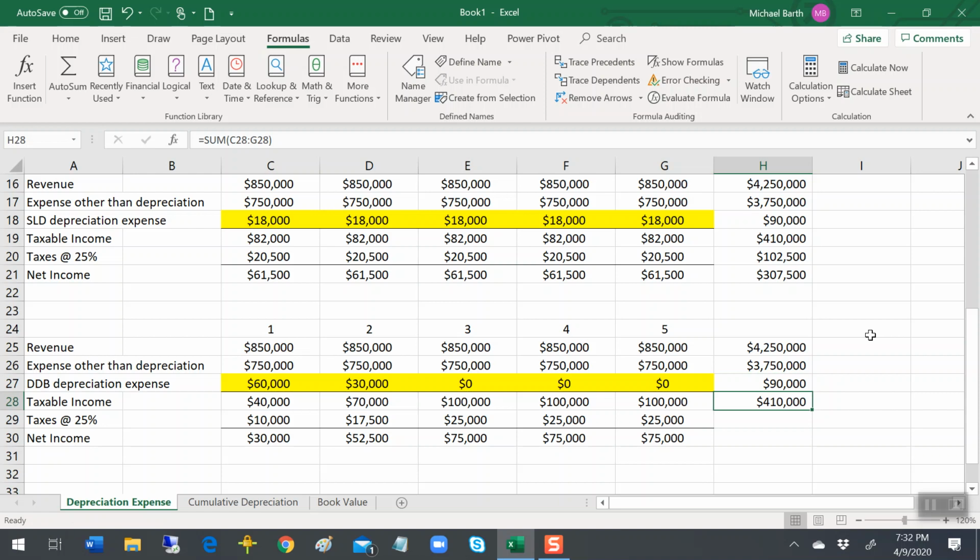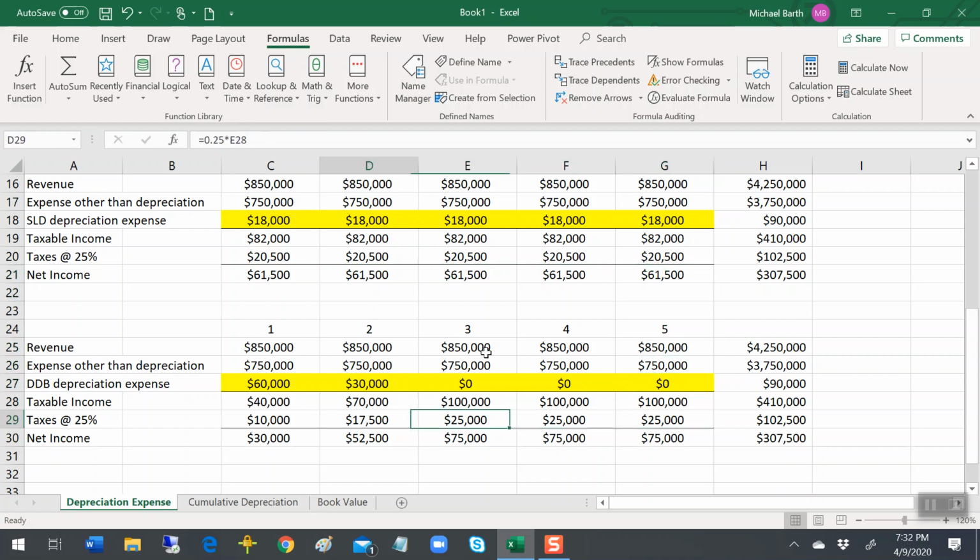I'm still going to have $410,000 of taxable income. I'm still going to pay $102,500 in tax, and I will still have $307,500 of net income over the entire period. So what's the difference? The difference is that I get the same amount of net income each year here.